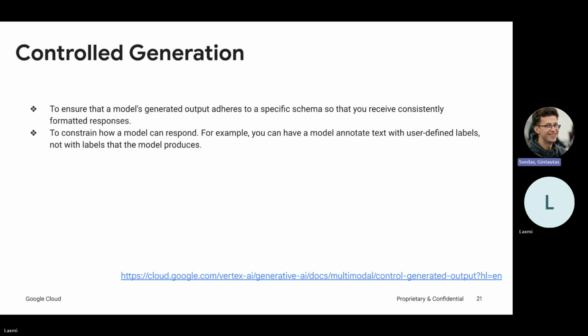Suppose you ask Gemini to do some kind of review, and it might give your label as good or bad, or positive and so on. If you have a downstream application trying to work on those labels, it becomes difficult to process that. So what controlled generation does is help you control the output and the labels that you have.